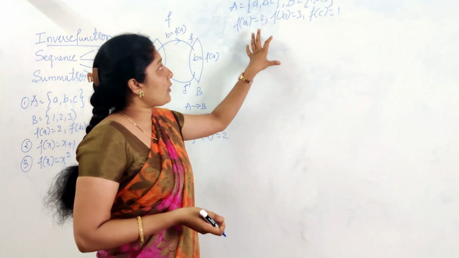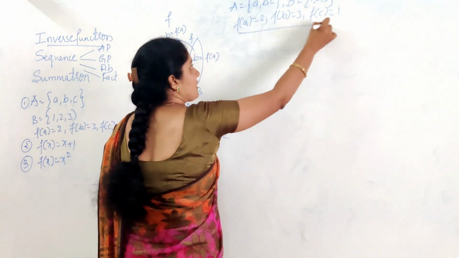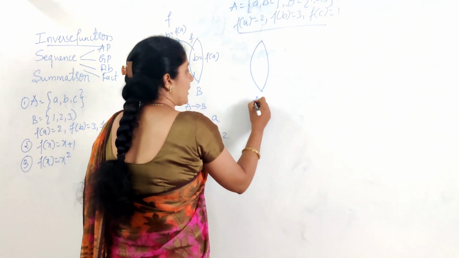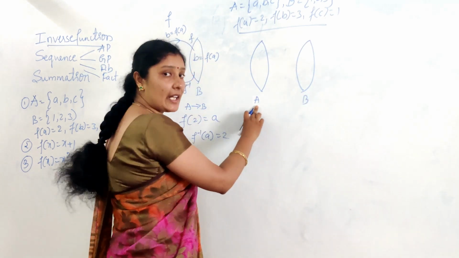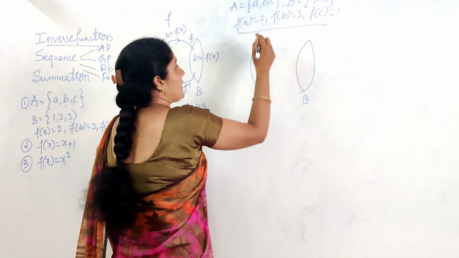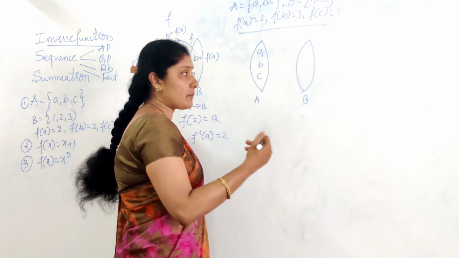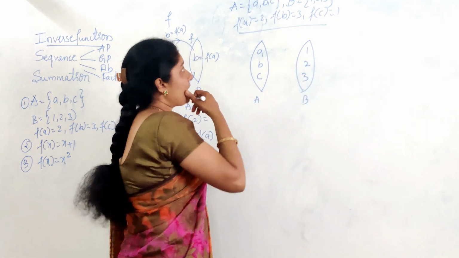We have to find out the inverse of this. Now let me write the function as it is given. So we are having set A and we have set B. What are the elements of set A? a, b, c. What are the elements of set B? That is 1, 2, 3.